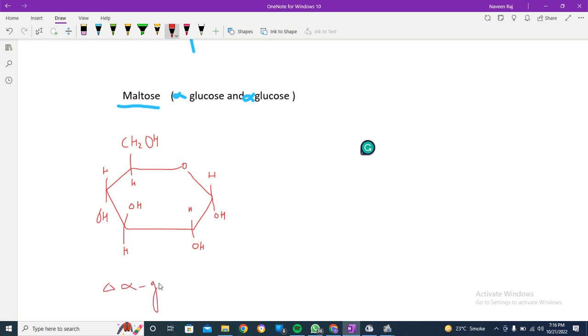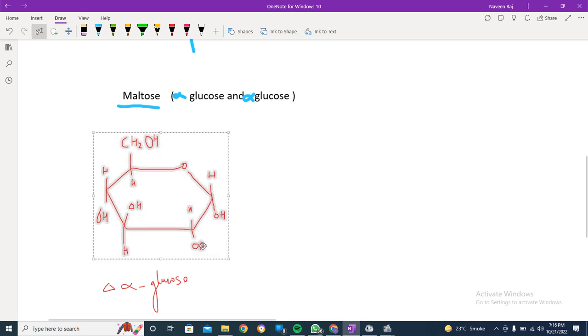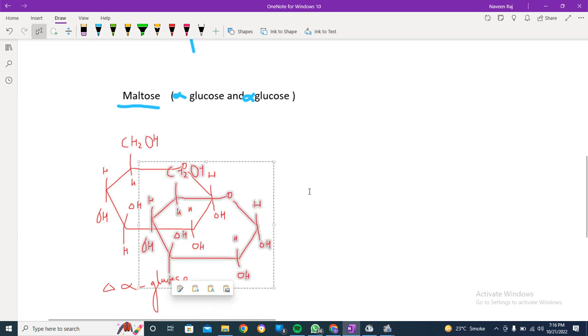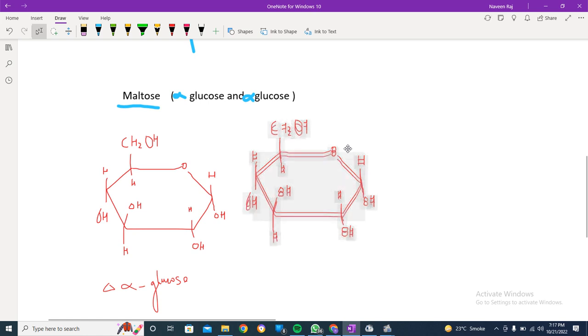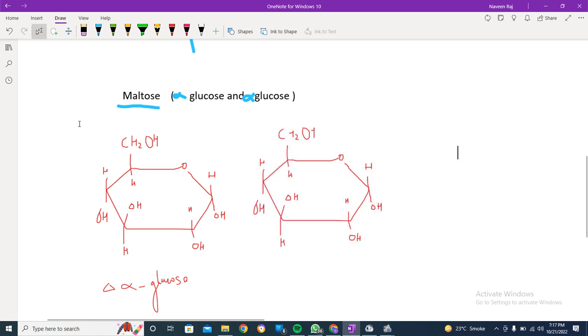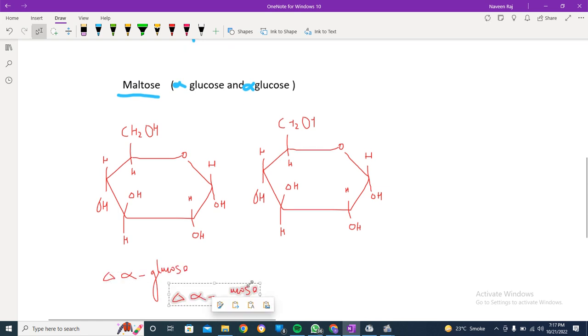Same over here, this one is the same, so this would be again alpha glucose.